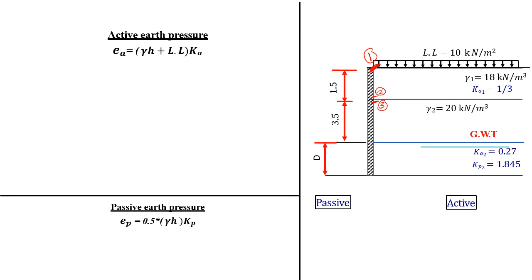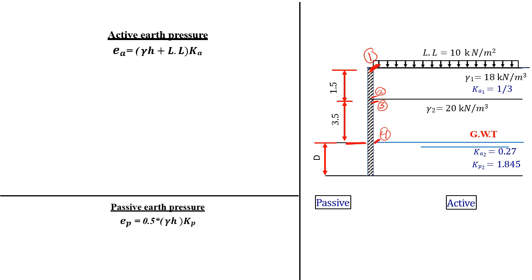Then if you have a groundwater table, I will get my stress here at the groundwater table, and even in the case of absence of groundwater table, it may be more safe to get your stress at the dredge level, this level here, on both sides, on the active and on the passive.